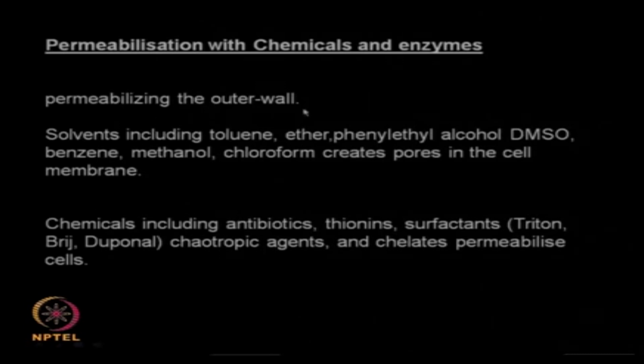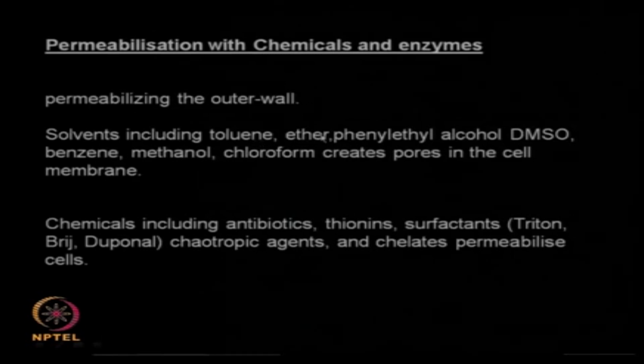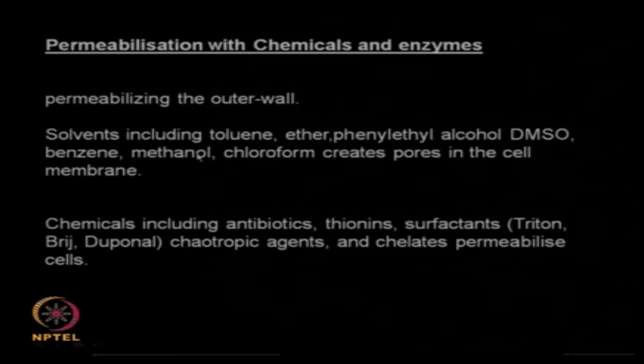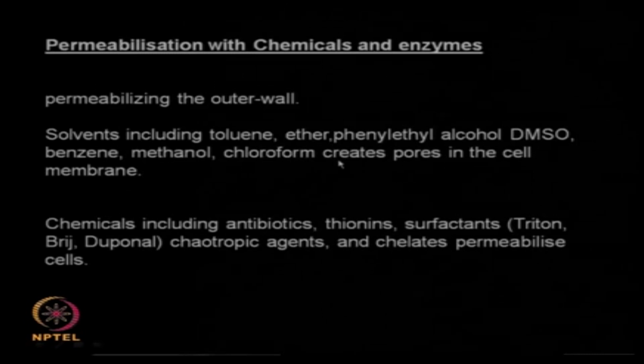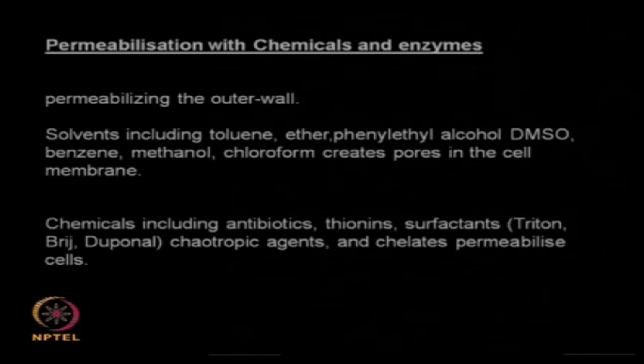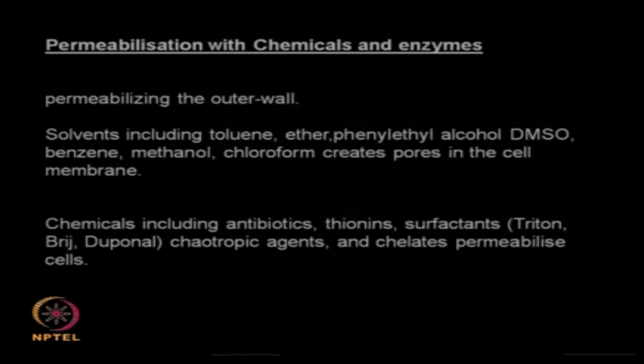Sometimes people use solvents: toluene, ether, phenyl ethyl alcohol, DMSO, benzene, methanol, chloroform. All these solvents can permeabilize or create pores on the cell membrane, and once you create pores, slowly the intracellular material leaks out and comes out to the external region.